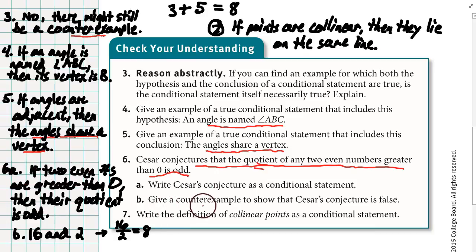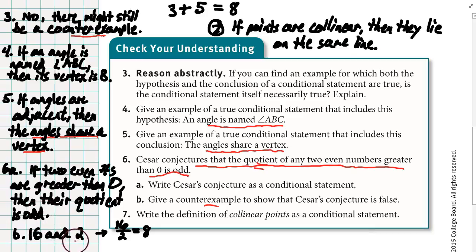Now question B, give a counterexample to show that that statement is false. So this sentence begins with having two even numbers that are greater than 0. Can we think of two even numbers greater than 0, and then if we find their quotient, it doesn't turn out to be odd? How about the numbers 16 and 2?